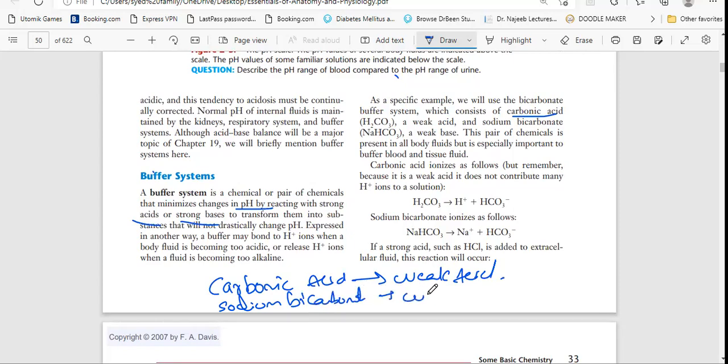This is a weak base. So you tell me, if the acidic level is increased, meaning the pH goes to 6, which will activate in the body? Is the weak acid activated, or which base is activated? Please answer.